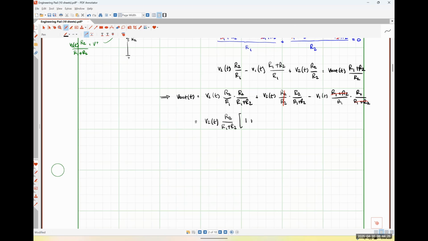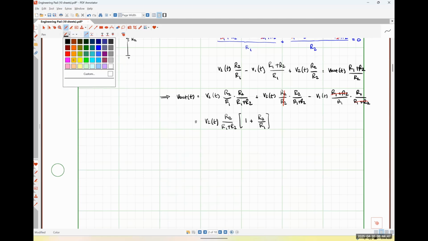And then I have 1 plus R2 over R1. Are we okay with that? Let's start there. So I have a common factor of V2 times R2 over R1 plus R2 in this term and this term, right? So if I factor that out, I'm left with 1 plus that R2 over R1.